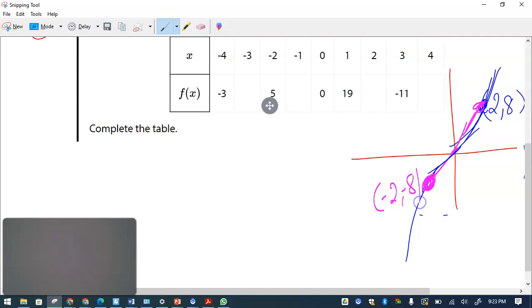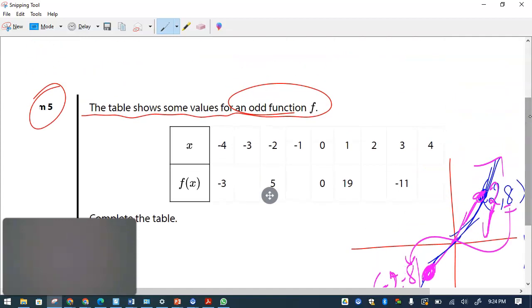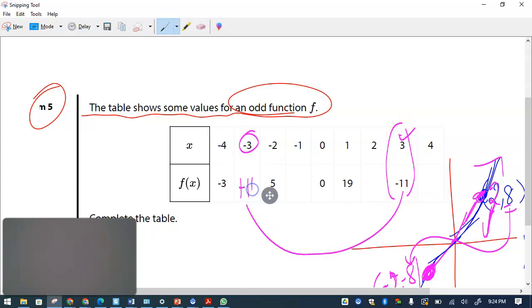So if the graph is odd, then when you do the opposite input, if this is 2 and there is a -2, the output also becomes opposite. That's all you're looking for here. If you see the table right here, 3 is negative 11, so then negative 3 has to be opposite, plus 11.